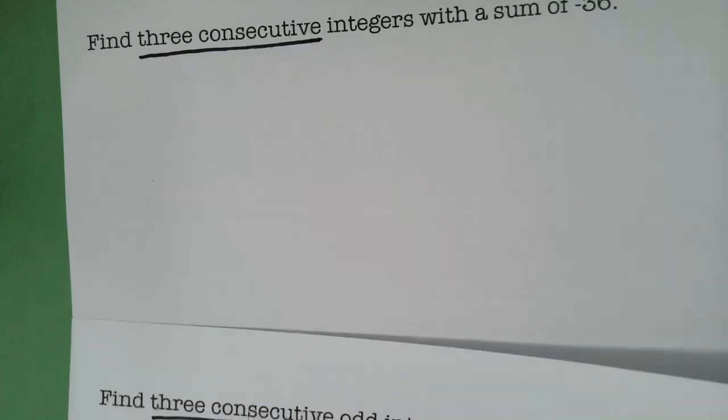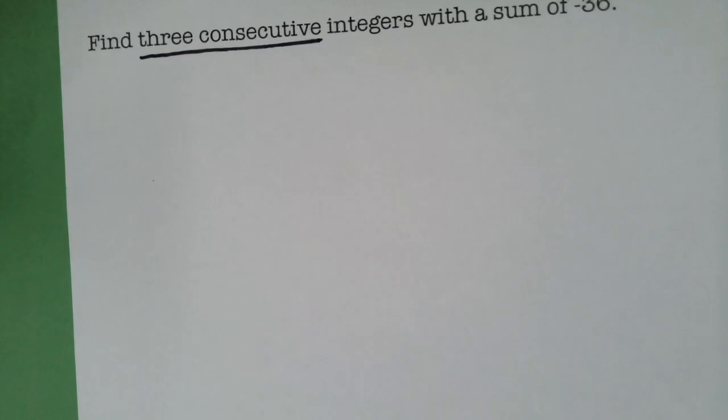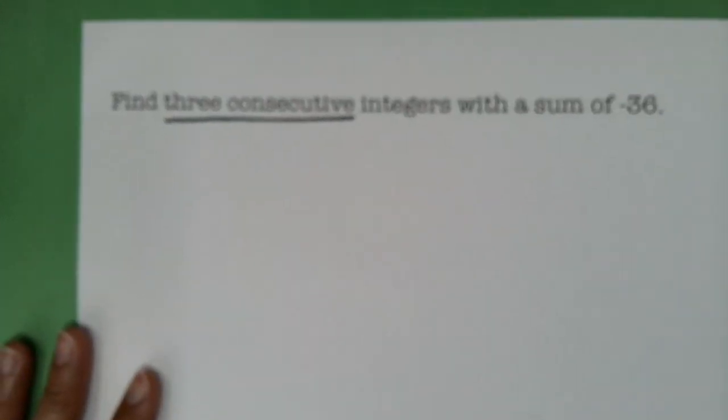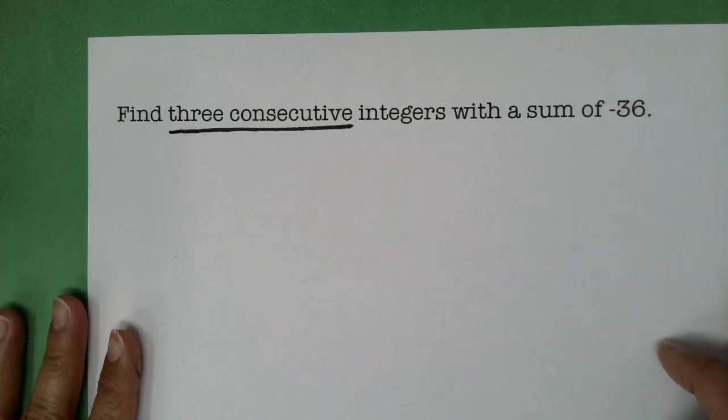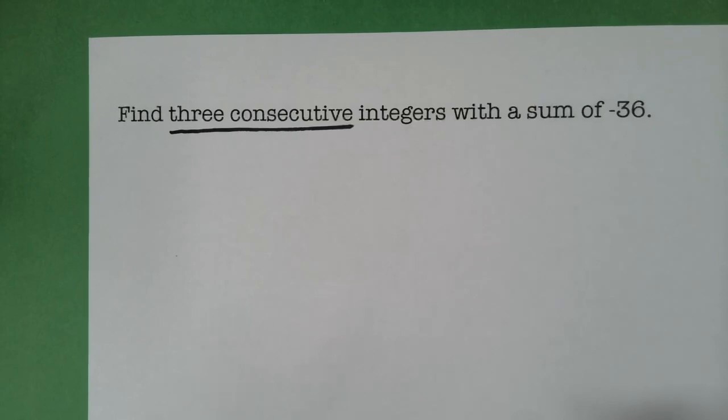Let's start with finding the three consecutive integers with a sum of negative 36. Because this is a word problem, according to the standards, we are going to use variables to create an equation and solve this particular problem.